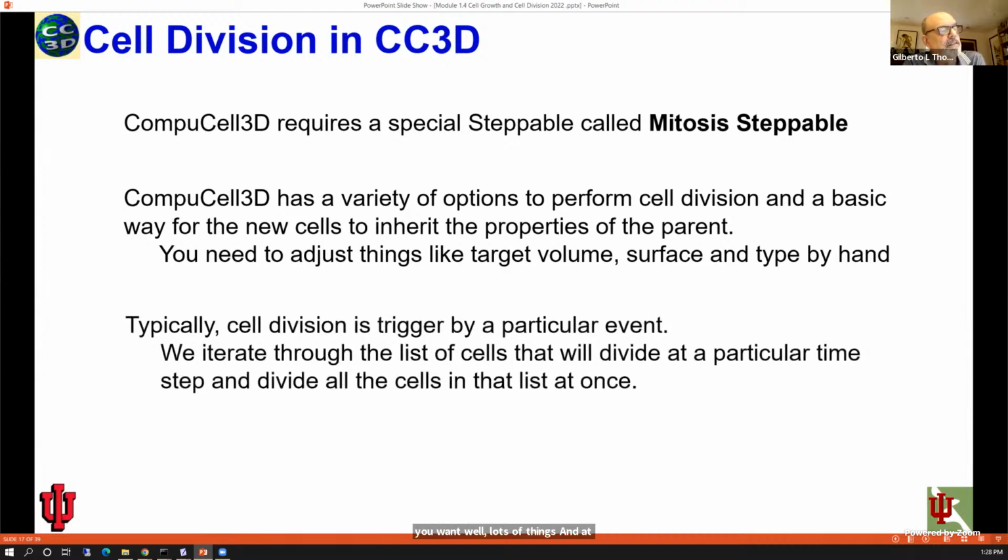This is triggered in the simulation the way you want. You can say at the beginning we are going to divide the cell by time, which means that we choose some amount of Monte Carlo steps, and at the end of each amount of Monte Carlo steps, we see if there are cells to divide, and then we divide them.